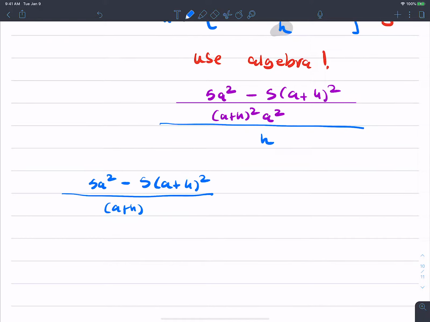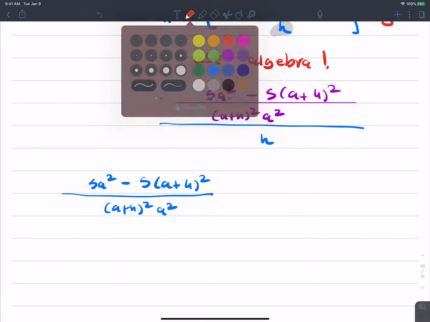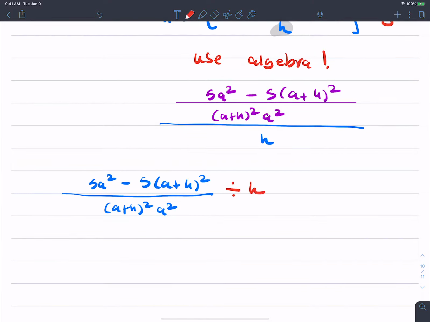At this point, you should know that we're going to divide by h, which is multiplying by the reciprocal. But what you should know is that this h is going to go down here now, right? That's really what's going on. And don't forget here to continue your algebra, but you can't distribute yet.